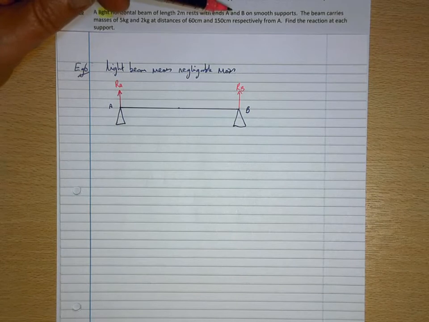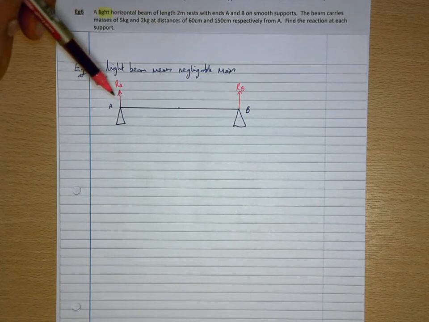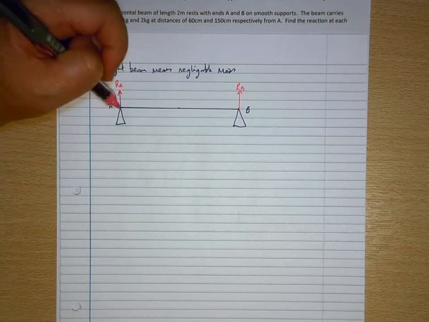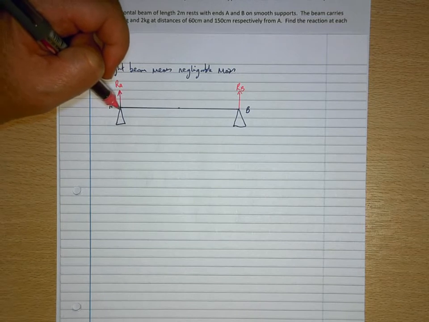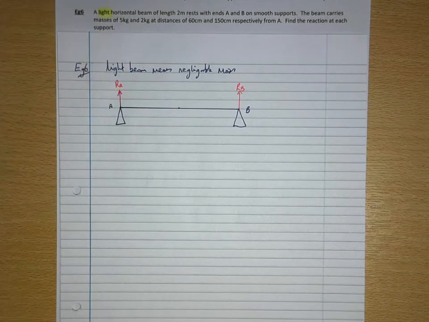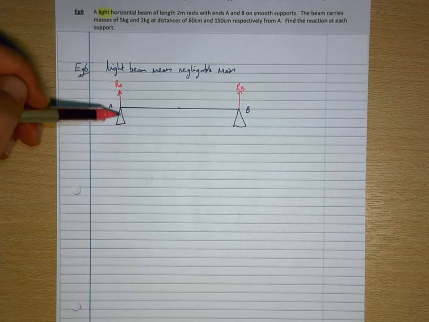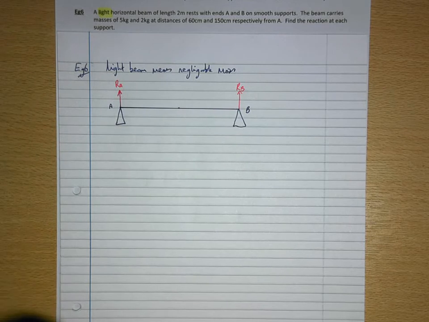Because the supports are smooth, we haven't got to worry about any frictional forces at point A and point B. So we haven't got to worry about any coefficient of friction between the material of the beam and the supports, and we don't have to deal with that at this level, so they'll always be smooth.